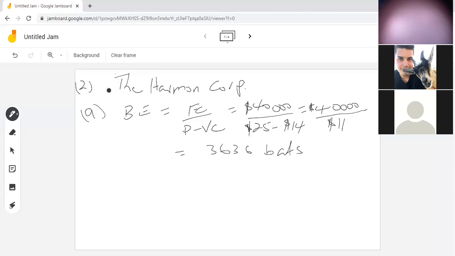Okay, so that's for the first part. For the second part, it is to find that quantity. We are no longer finding the break-even quantity. We are finding the quantity to make a profit. So if we call that quantity Q, then Q would equal our fixed costs plus profit over our contribution margin.